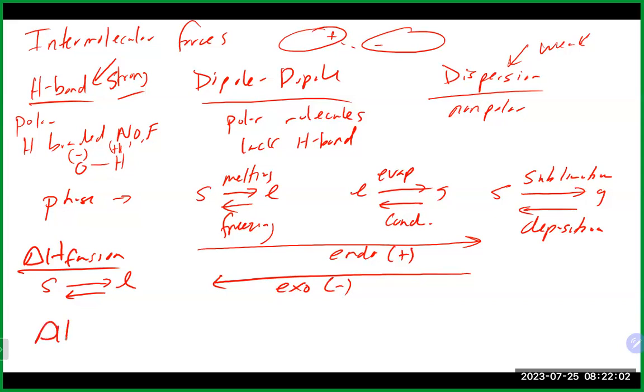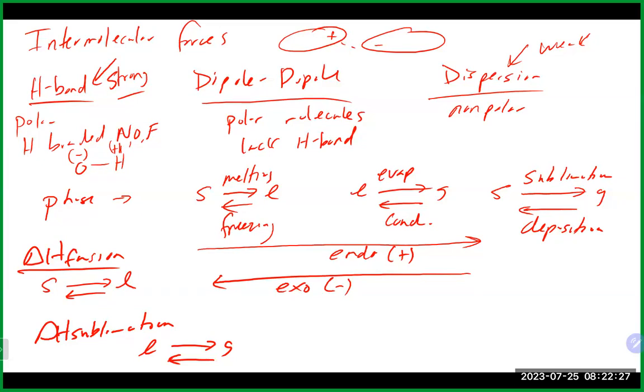The delta H of vaporization is what we use to go from liquid to gas and gas back to liquid. Once again, it is the same number regardless of which way you go. There's a lot more energy required to do that transition of liquid to gas than there is from solid to liquid. So for something like water, it's about 333 joules per gram to go from solid to liquid.